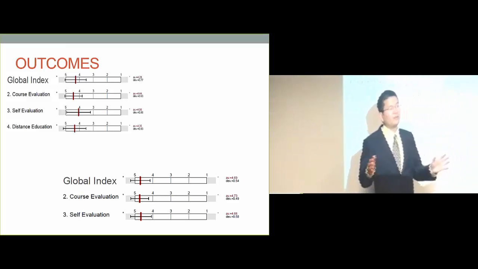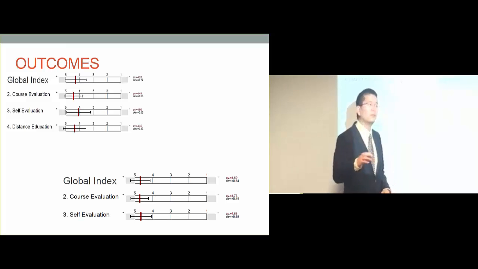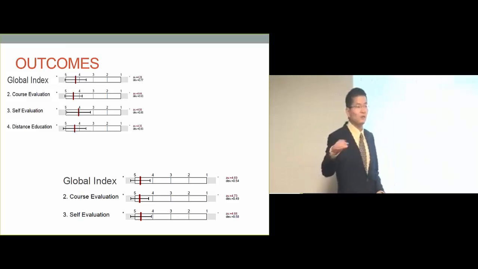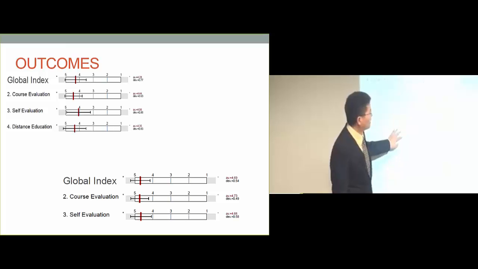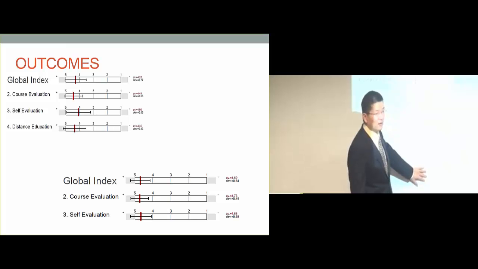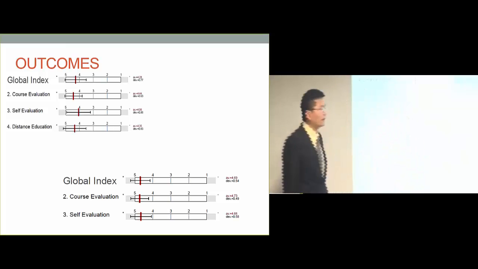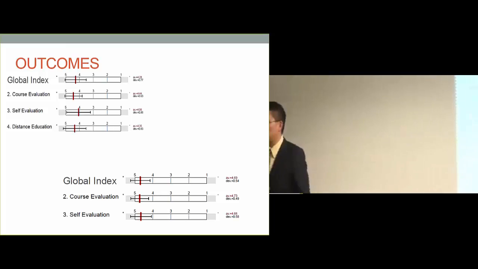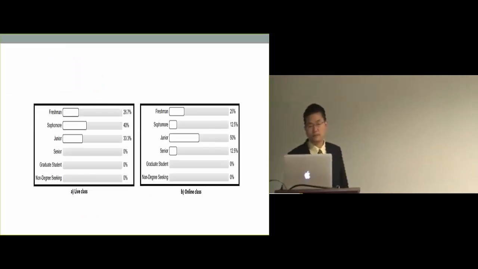So I would say it's a little bit lower, but it's still comparable. It's at the 4 level, right? And the course evaluation again is a little higher, and the review on the live class is a little higher than the online class. But I still think it's a good class.